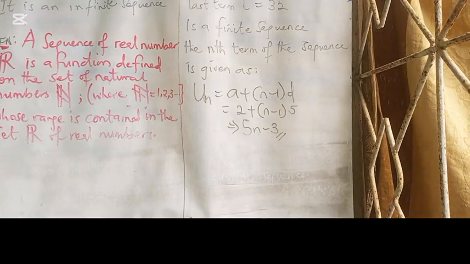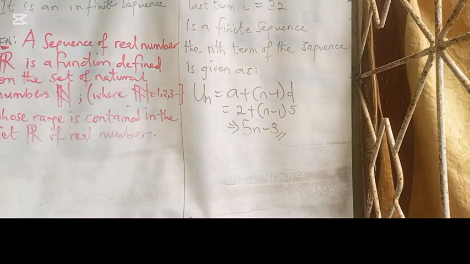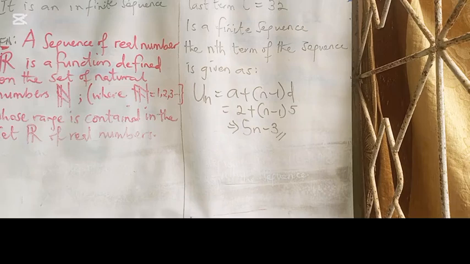A sequence of real numbers is a function defined on the set of natural numbers N, where our N is from 1, 2, 3 to infinity, whose range is contained in the set R of real numbers.